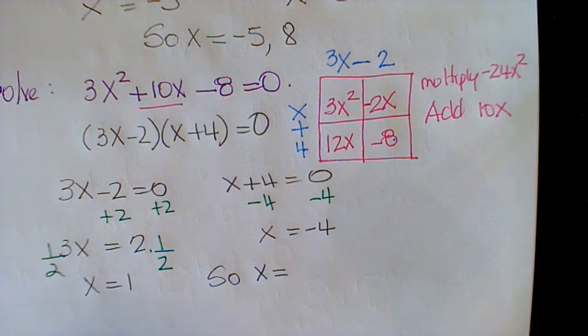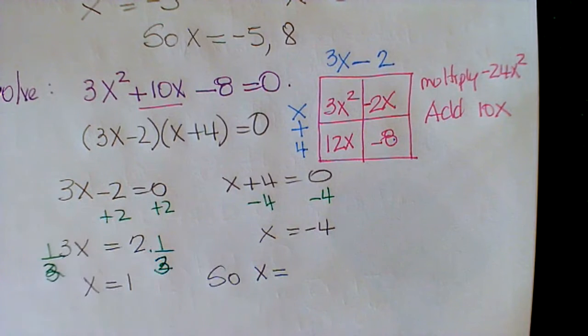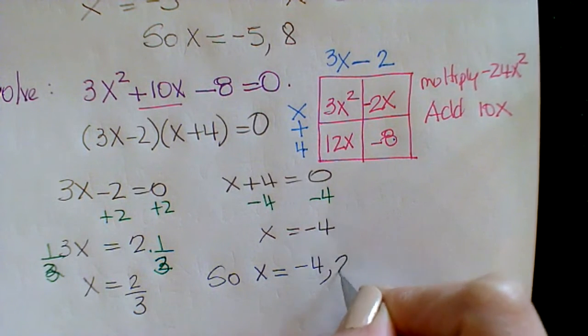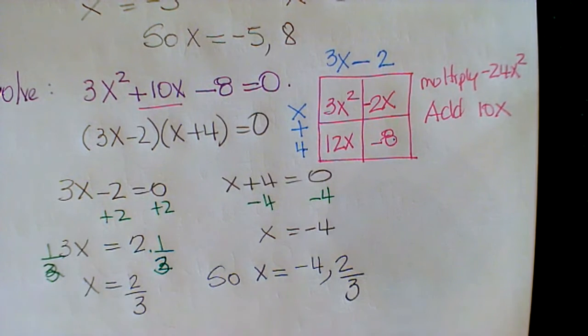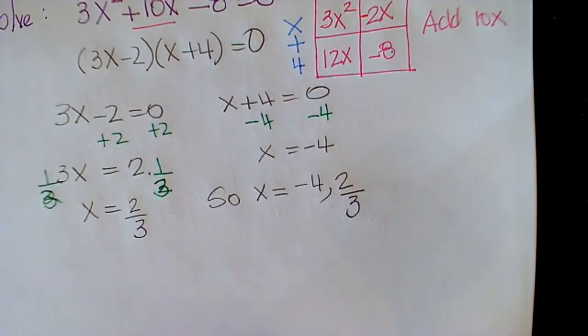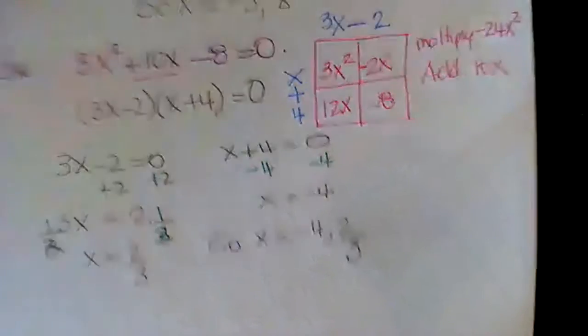So x can be equal to negative 4 and 2 over 3. All right. I do have another one like this one, but it's pretty much the same. Let's do it.